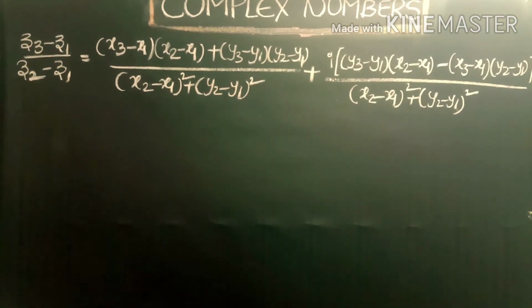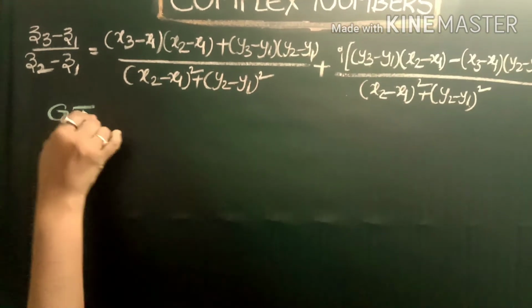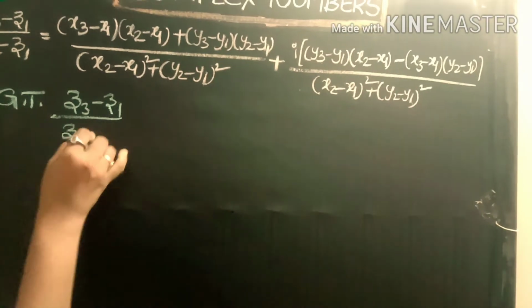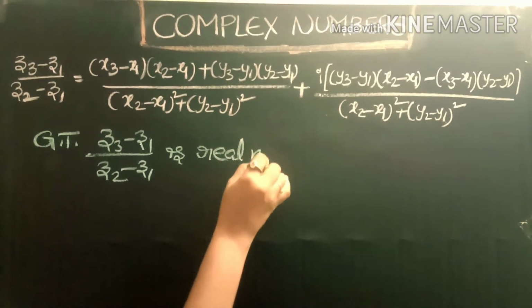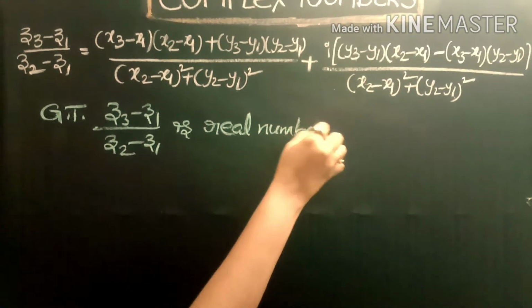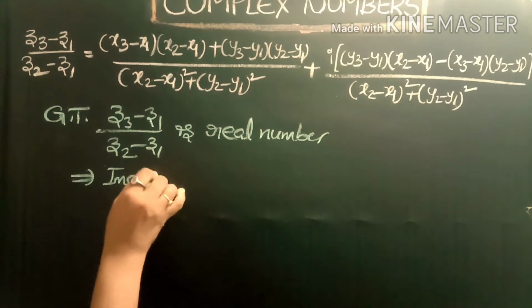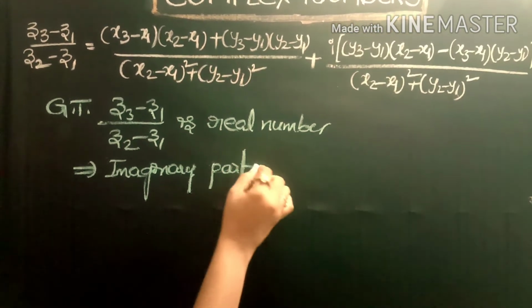So what is the given condition? Given that (z3 minus z1) by (z2 minus z1) is a real number. A real number means the imaginary part is equal to 0. So we are equating the imaginary part to 0.